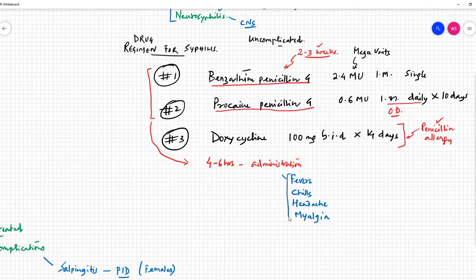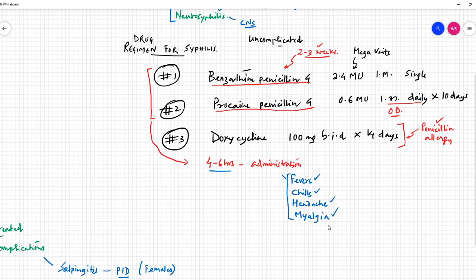So, someone has benzathine penicillin or procaine penicillin administered. 4 to 6 hours after administration, the patients get fever, chills, and they complain of headache, and they have myalgia.